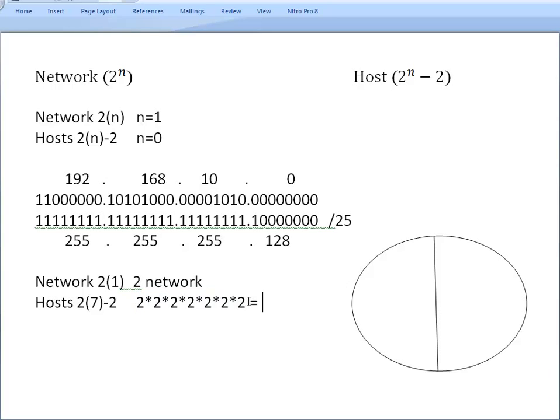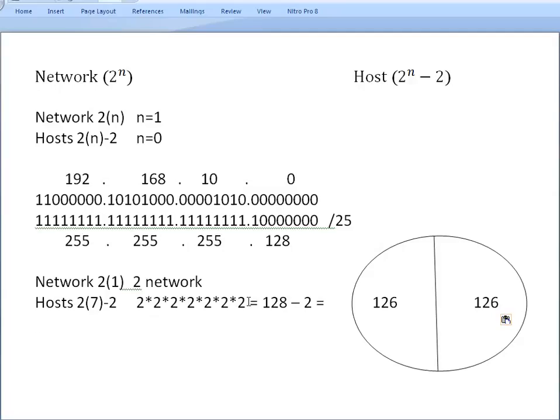So this is 128 minus 2, 126. So yeah, if we borrow one bit, we get 126 hosts per each network. So we will get 2 networks, and each network is going to get 126 hosts.